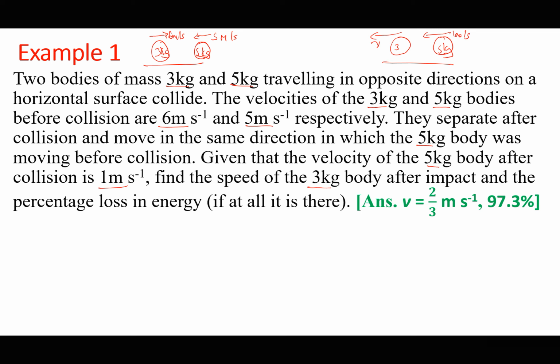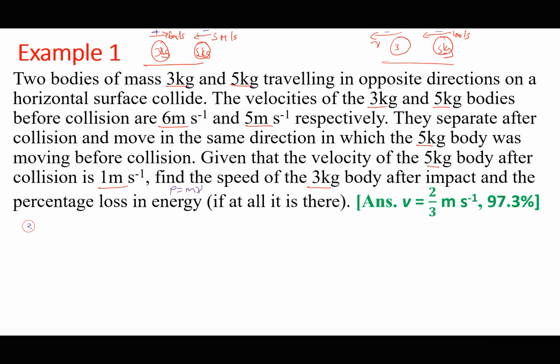Okay, so we are just going to use conservation of momentum and then conservation of kinetic energy. By conservation of momentum, total momentum before collision should be equal to total momentum after collision. Remember, momentum is mass times velocity. Always write a formula somewhere. For total momentum before collision, I'm going to consider velocities to the left negative, velocities to the right positive.